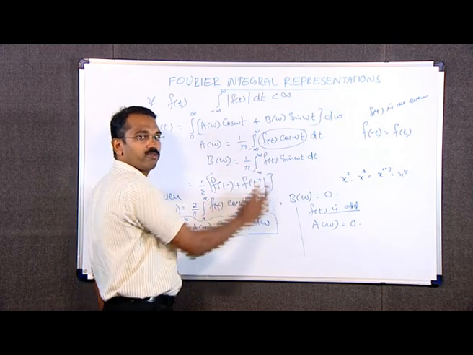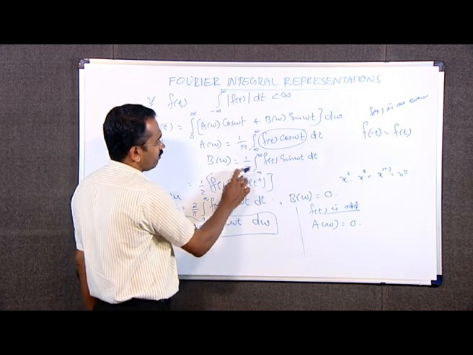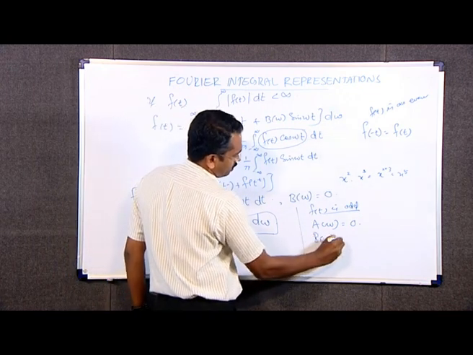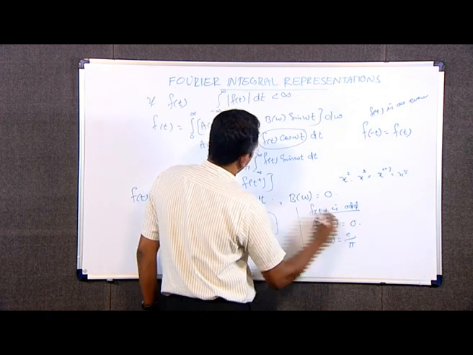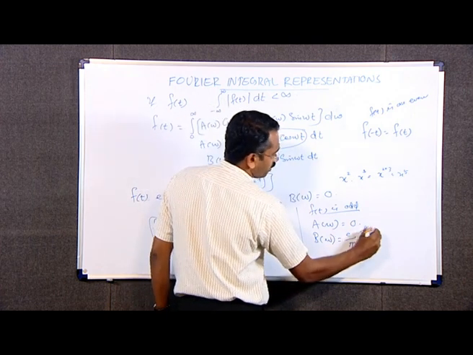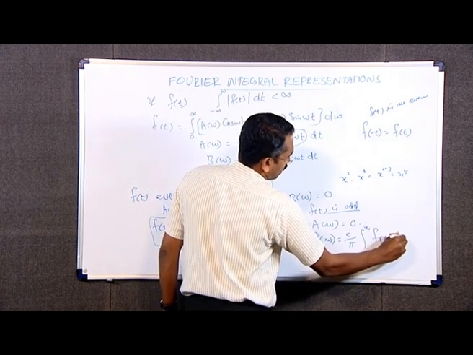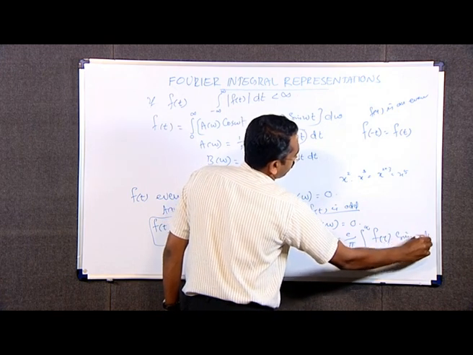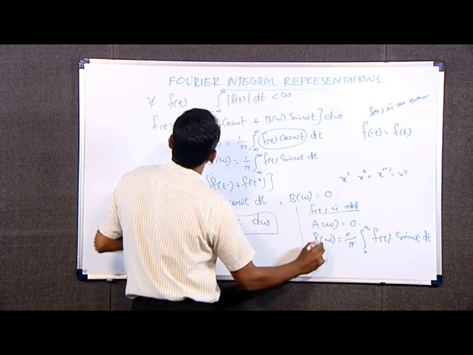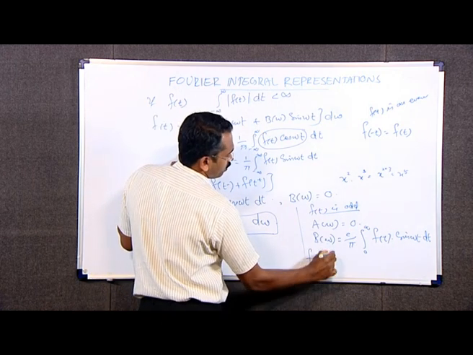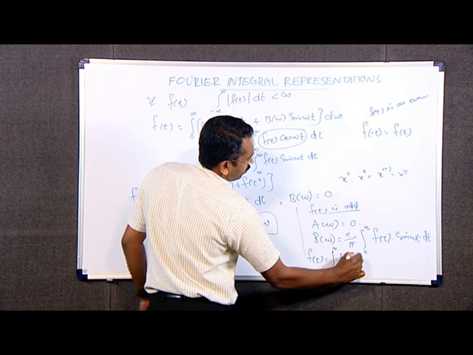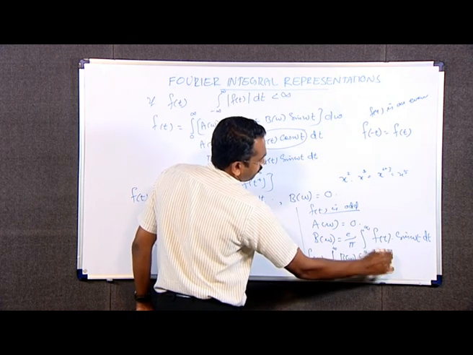Therefore, by the property of definite integral, we can write b omega as 2 by pi into integral from 0 to infinity f of t into sin omega t dt, and f of t will become integral from 0 to infinity b omega sin omega t d omega.